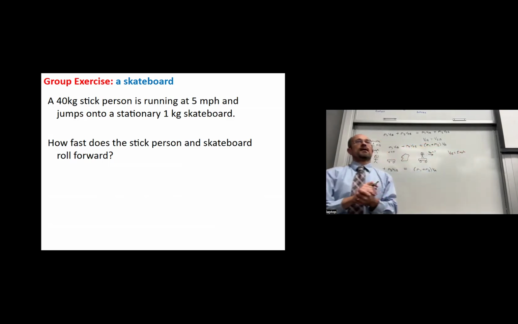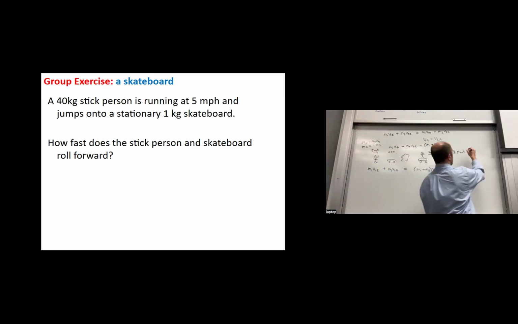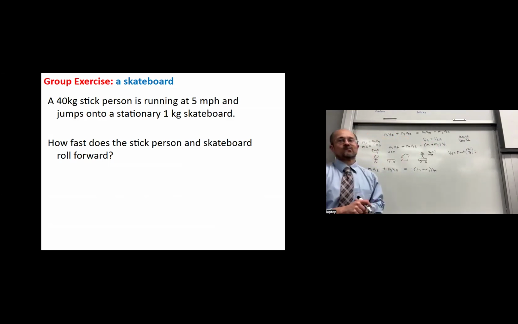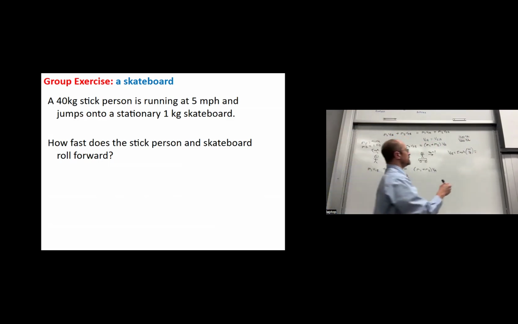What's our conversion from miles per hour to meters per second? 0.44, because there's 1,600 meters in a mile and 3,600 seconds in an hour. So that's 2.2 meters per second.